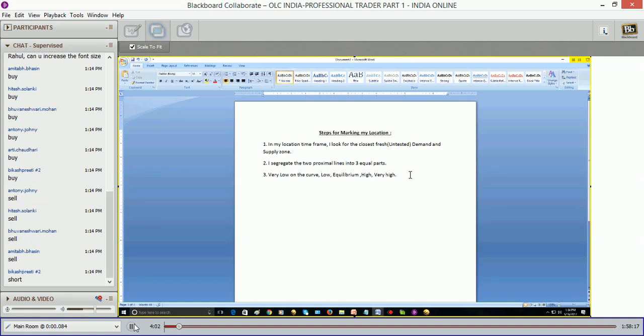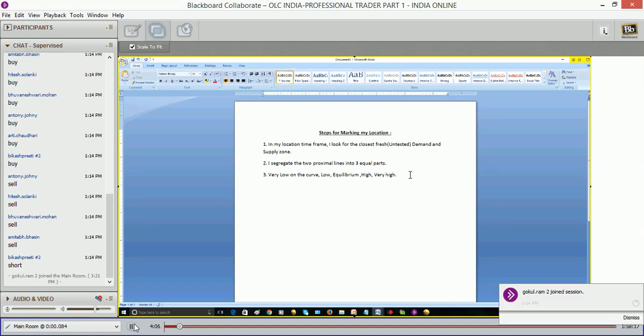What is the ideal sweet spot on where we should be looking to take the trade? Lower end of the curve, or coinciding with your zones at the very low and very high of the curve? What is the ideal scenario?